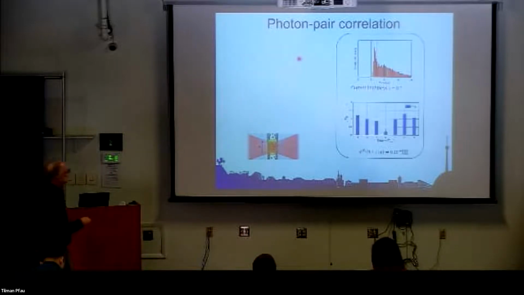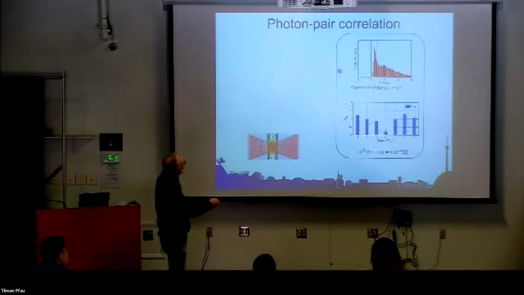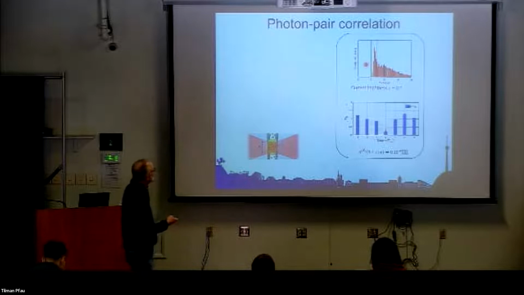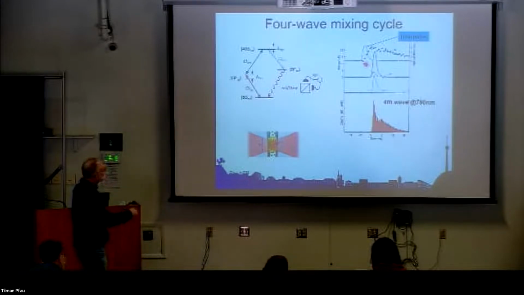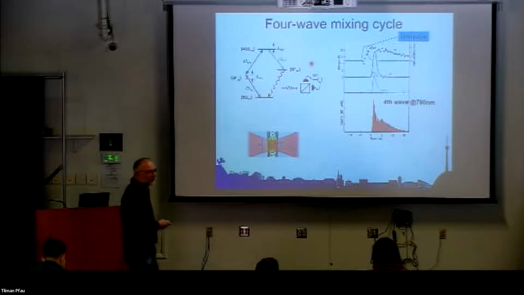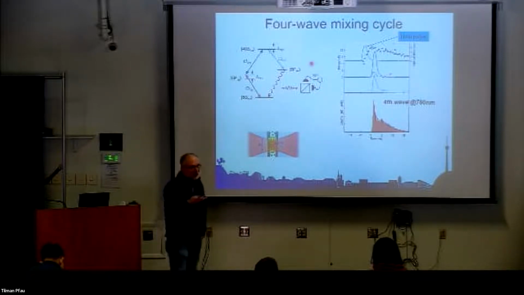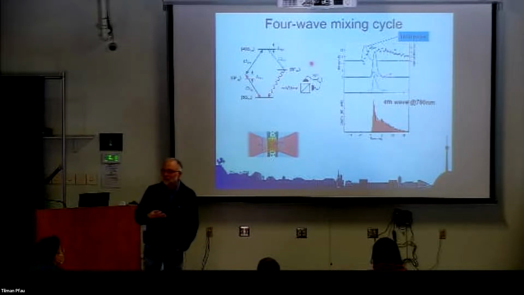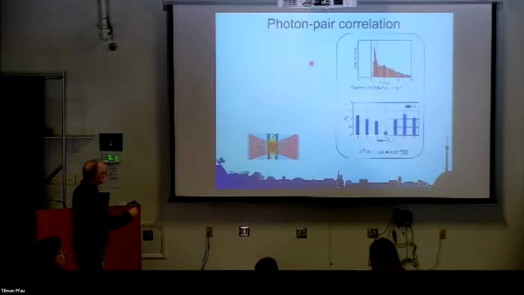Now, you're detecting this not with just one photodetector, but with two photodetectors, a so-called Hanbury Brown-Twiss setup, where you can then also measure the g2 correlation function. You ask the question: are there ever two photons coming at the same time?